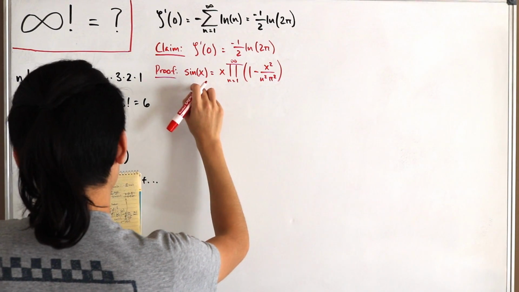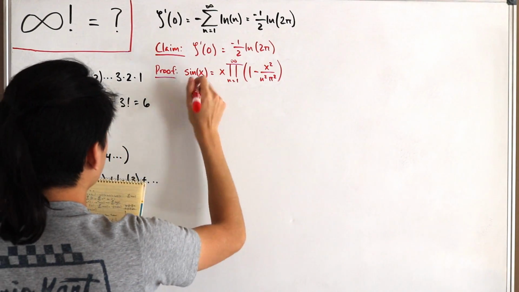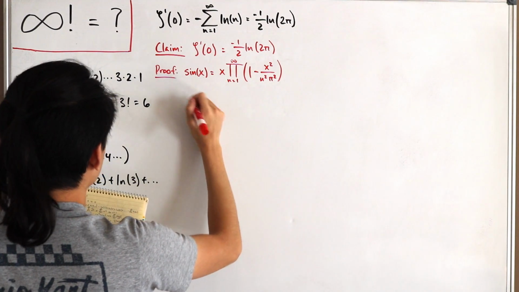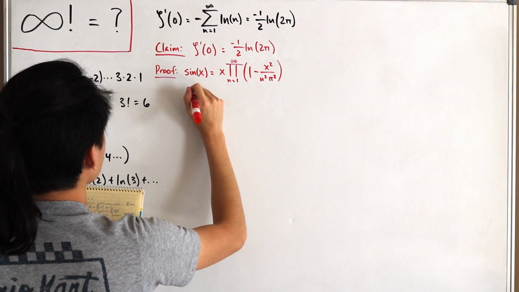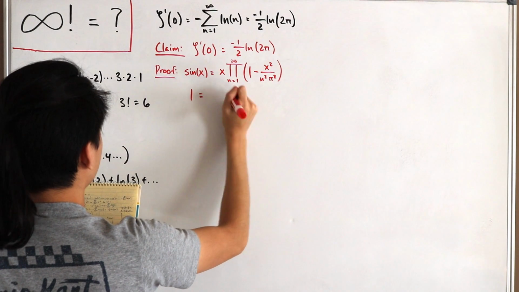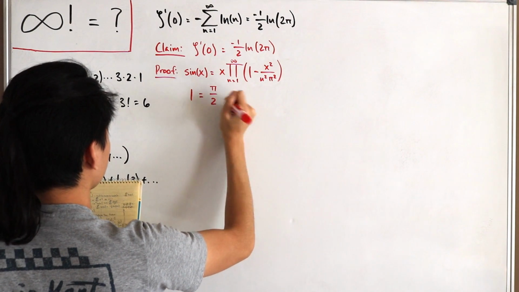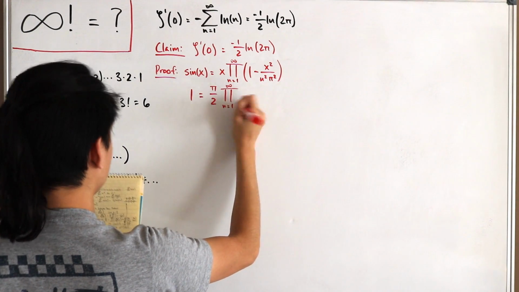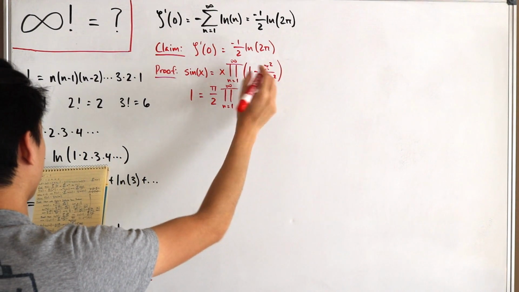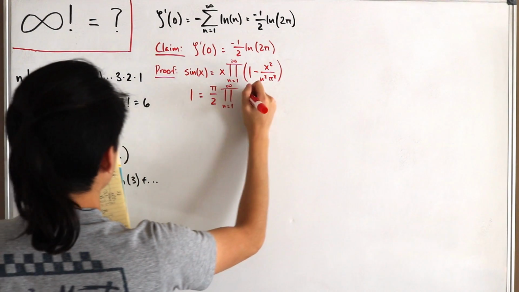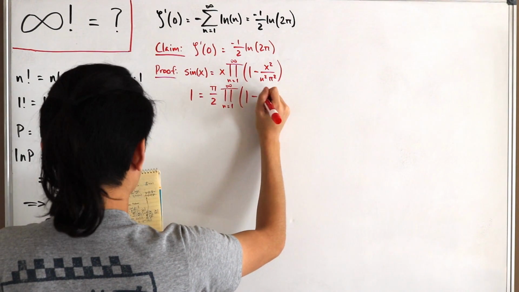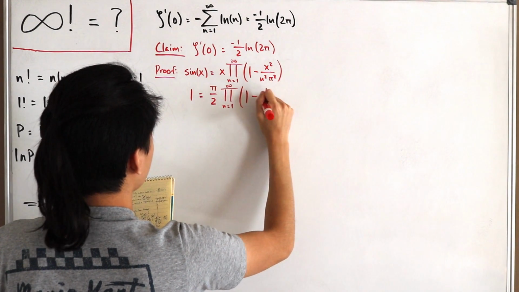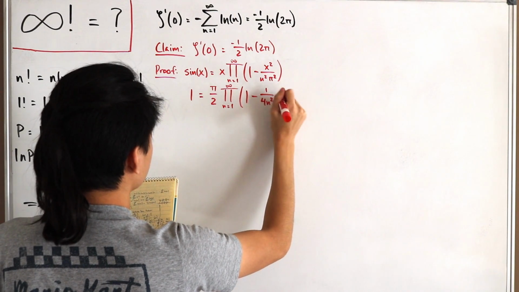On the left-hand side, sine of pi over 2 is equal to 1. Then on the right we have pi divided by 2 times the infinite product, and plugging pi over 2 in, simplifying, this is just 1 minus 1 divided by 4n squared.